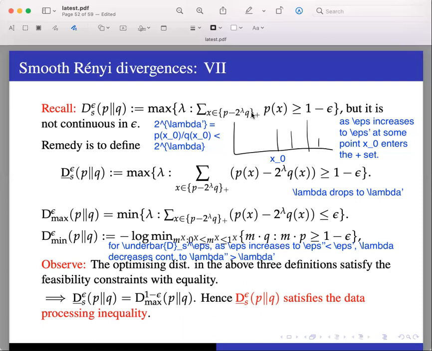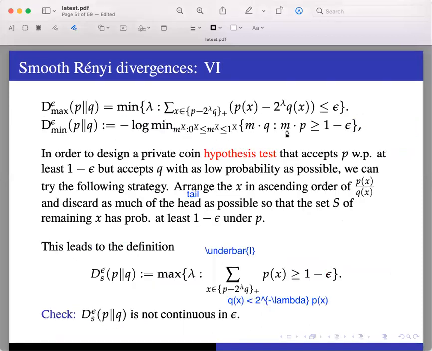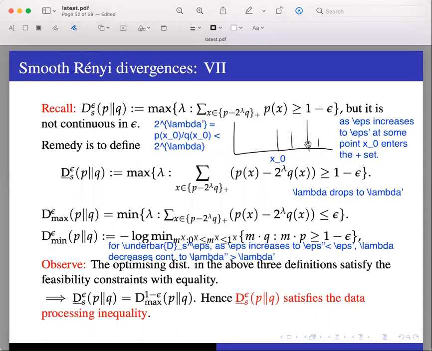Okay, so in the d-min case, what we did was we smoothed the subset, we changed the definition of the feasible region by this. An alternative thing which you can do is that you don't smooth the subset, the subset remains a subset, but you change the objective function.